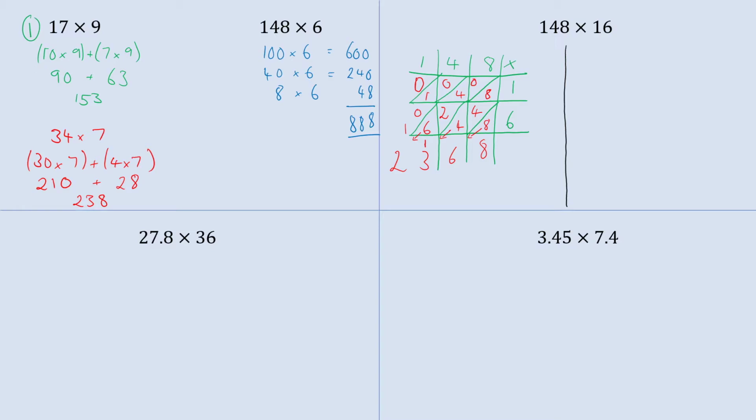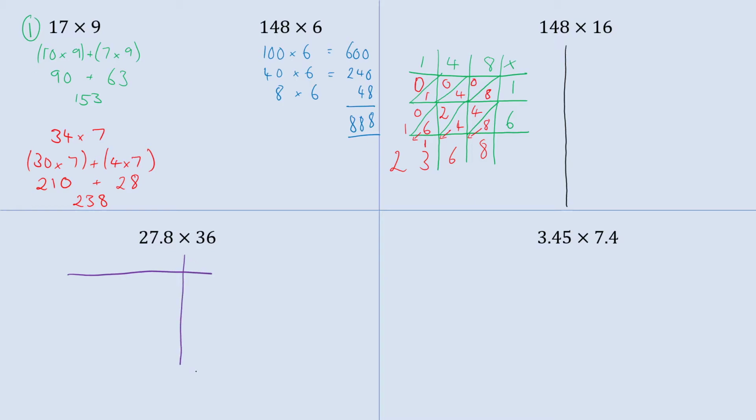But for purely dealing with numbers, I would say that this is my preferred method. And when we go into decimals, this will definitely show you why. Okay, so 27.8 times 36. I'm never going to look to do something like that in my head. I'm going to do that on paper 10 times out of 10.